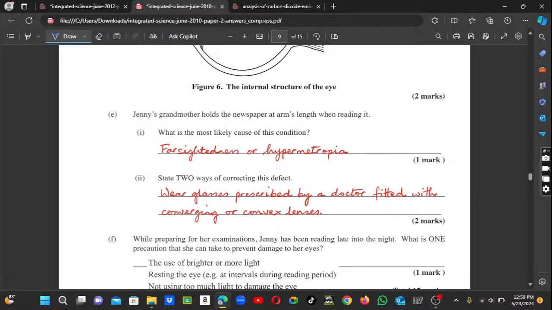Since she is farsighted, which is hypermetropia, we would prescribe glasses that have been fitted.